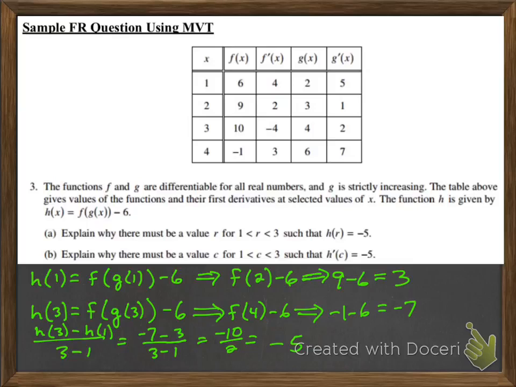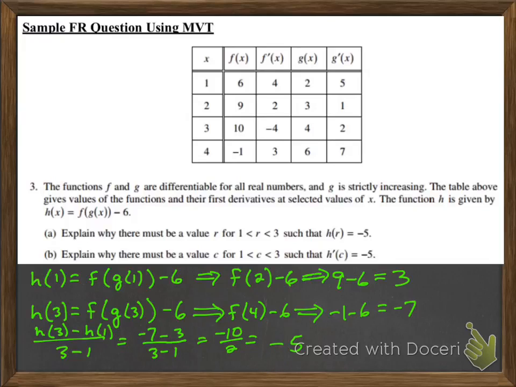So what this tells us then is the slope of the secant line between 1 and 3 is negative 5. Well, if the slope of the secant line is negative 5, that means that there has to be a derivative, or in other words, an instantaneous rate of change that is equal to negative 5 also somewhere between 1 and 3. And that's by the mean value theorem.